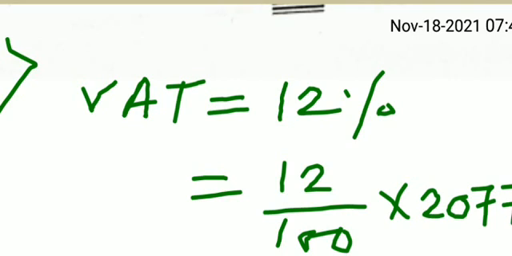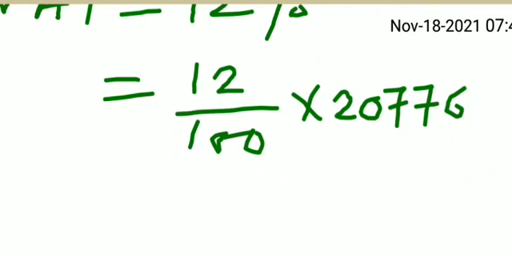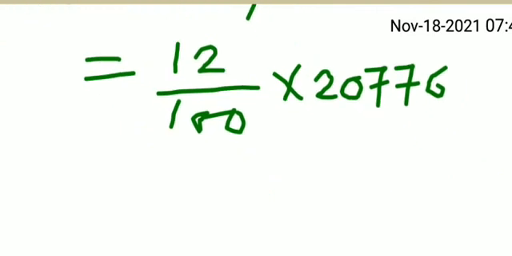Okay. Now just calculate. You will get the amount of VAT. Students, here just multiply 20,776 with 12, and then you have to divide by 100 by shifting the decimal. Okay, it will be better.